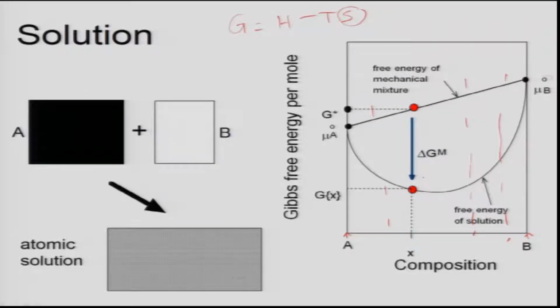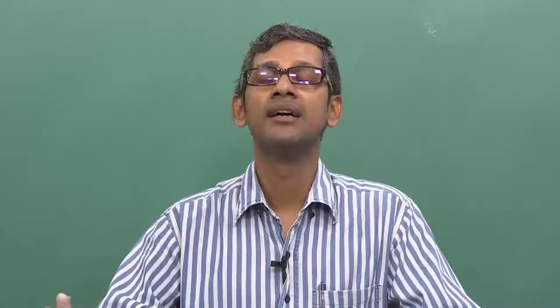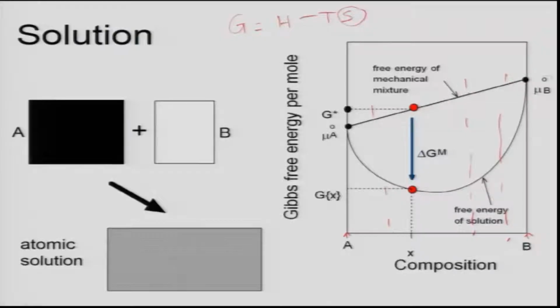So, whatever you see in the books, the delta G mix or delta G m, you will see delta G with either capital M superscript or small m superscript, is basically because of the atomic mixing. And the top straight line is basically the rule of mixture, that is step 1.